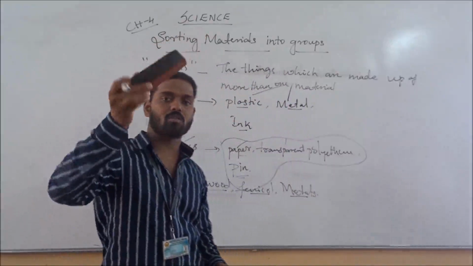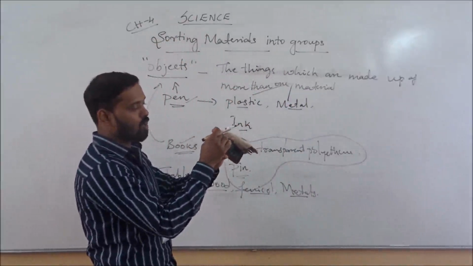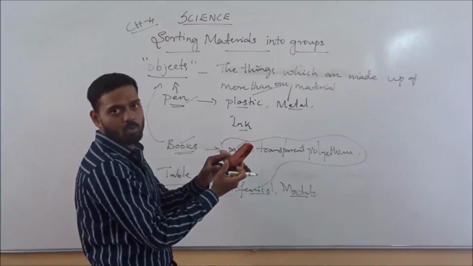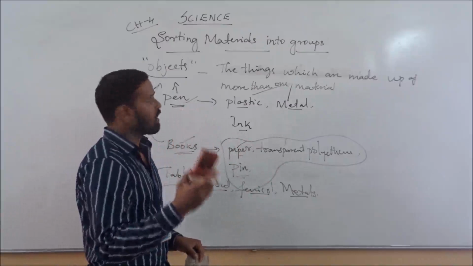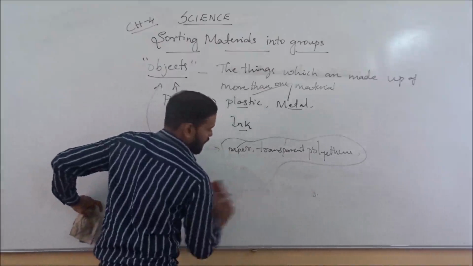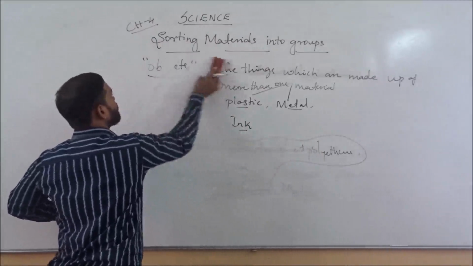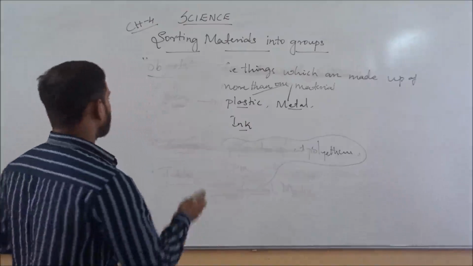This duster is also an object. Why? Because this duster is made of cotton, and plastic and gum are used. So this is also called an object. So now you have an idea about what an object is, and you have a clear idea about objects and materials.